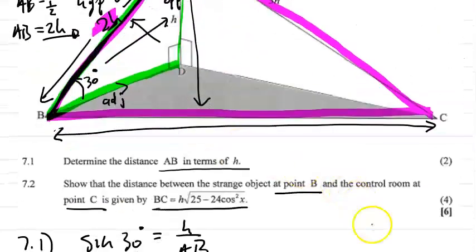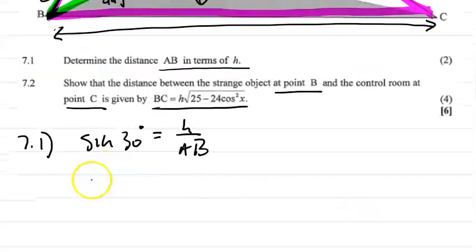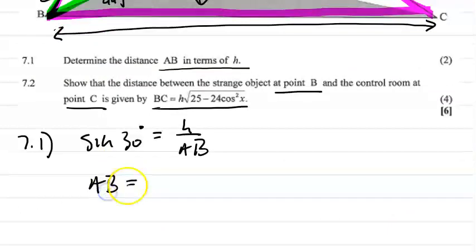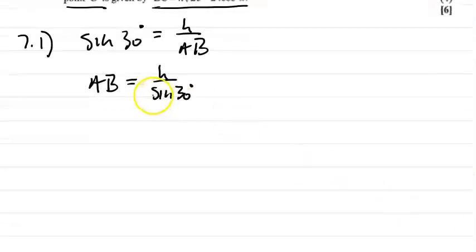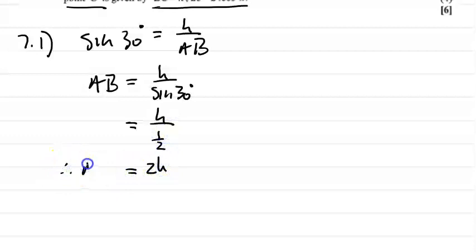Therefore, we're making AB the subject of our equation. We'll say AB is going to equal h over sine of 30. And we know that sine of 30 is a special angle, so that's going to be h over half, which is equal to 2h. Therefore, AB is equal to 2h.